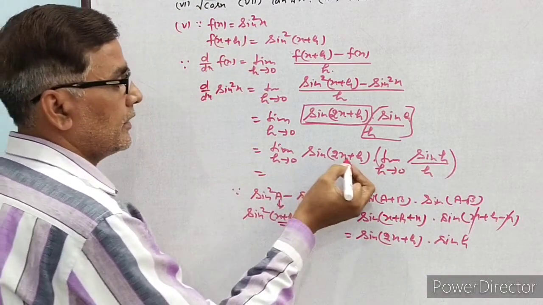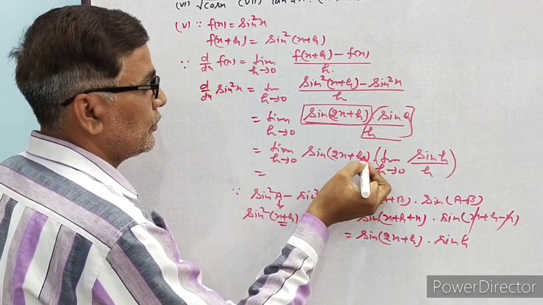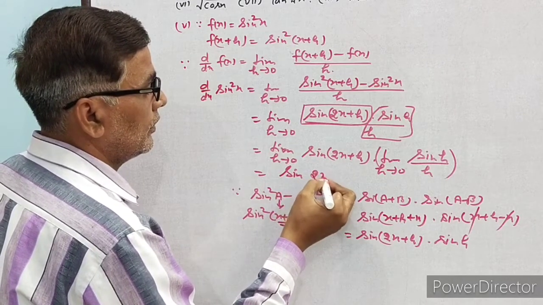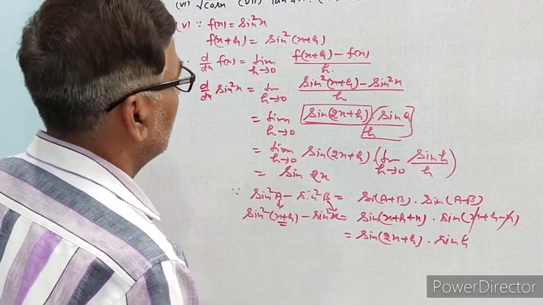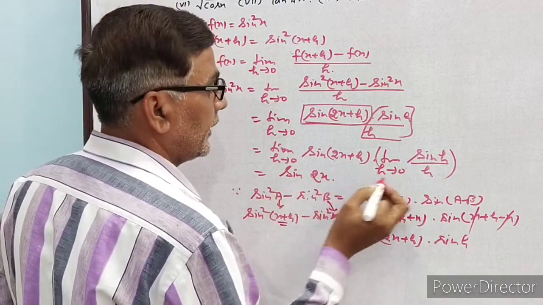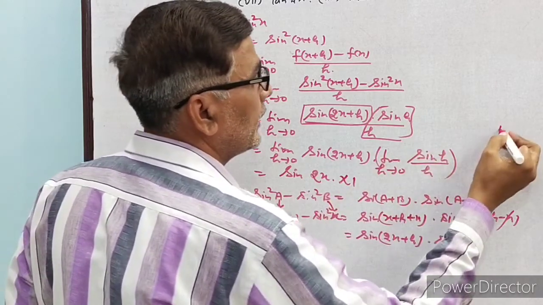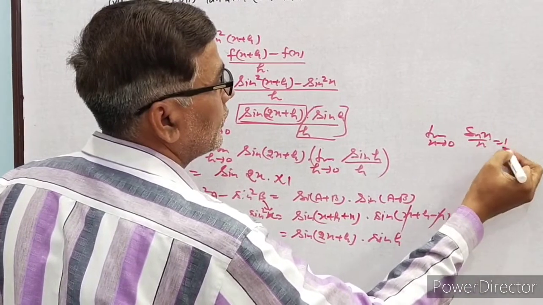Extend the limit for the first part. Here we can replace h is equal to 0, so we have sine 2x, and for the second part the value of this one is 1, as we know that the limit x approaches 0 of sine x over x is equal to 1.